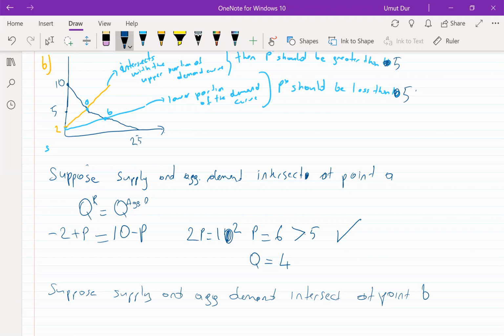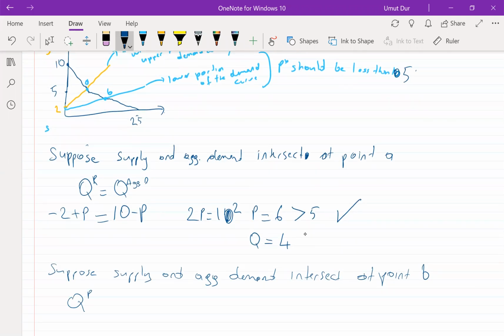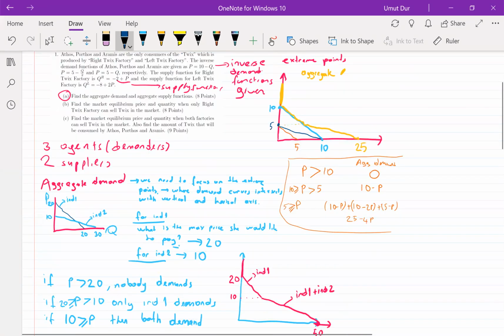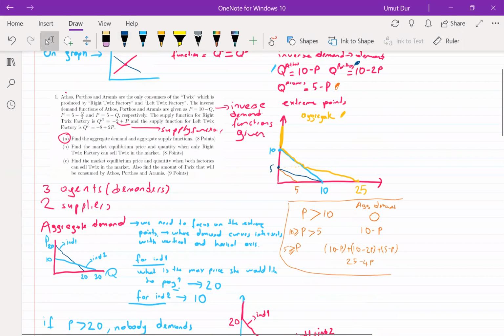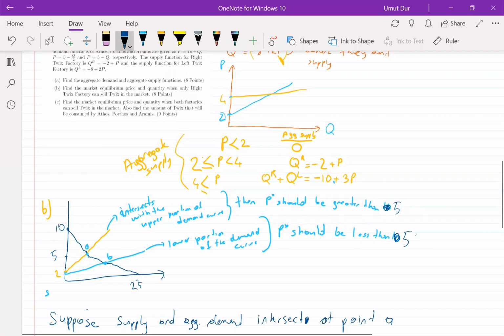Okay, so I will use Q supply is equal to Q aggregate demand. Q supply is the same, it is minus 2 plus P. The aggregate demand: now I will take this portion, it is 25 minus 4P.